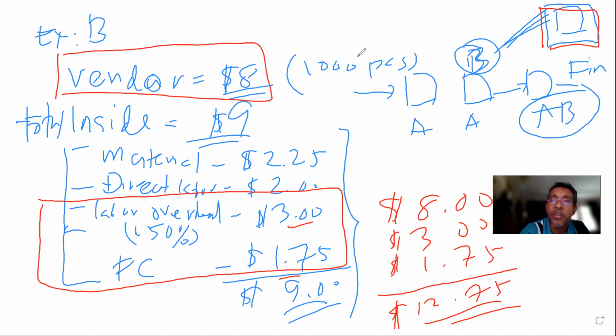You need direct labor involved, so this $2 you need to pay, but the labor overhead you still need to pay as long as your company is running. If the workers are not working, you still need to pay their salary. So in that case you can save a lot of money by fabricating inside, just $9 instead of $12.